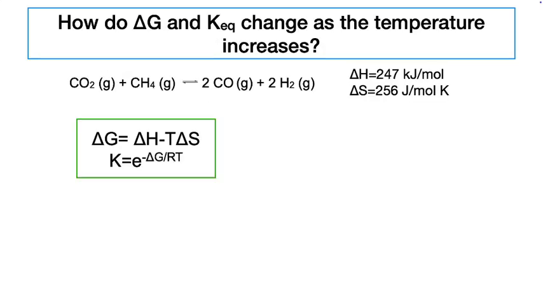Okay? Which is why we can make the assumption that our delta H and delta S won't change enough with temperature to change our understanding of delta G and K. Okay? So to figure this question out, we can go through and use the elegant method.